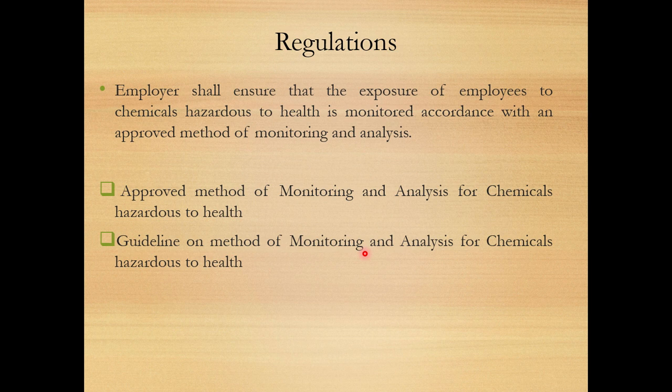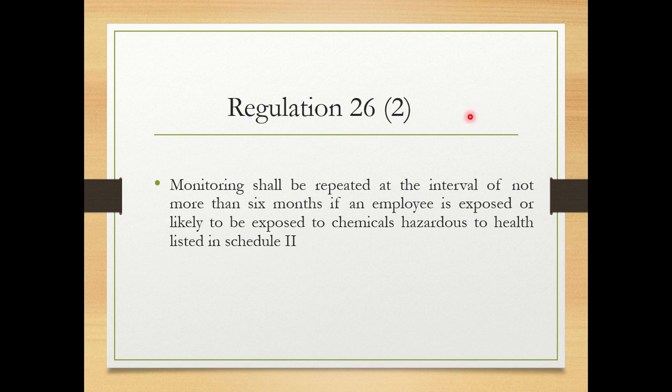So this is the responsibility of the employer. And in regulation 26(2), monitoring shall be repeated at intervals of not more than 6 months if an employee is exposed or likely to be exposed to chemical hazards to health listed in Schedule 2. I will give a copy of Schedule 2 to all of you.